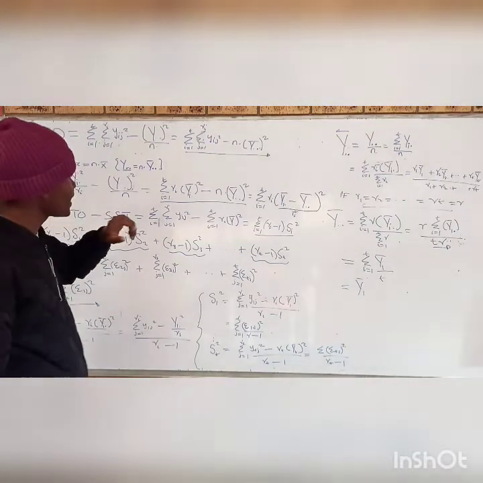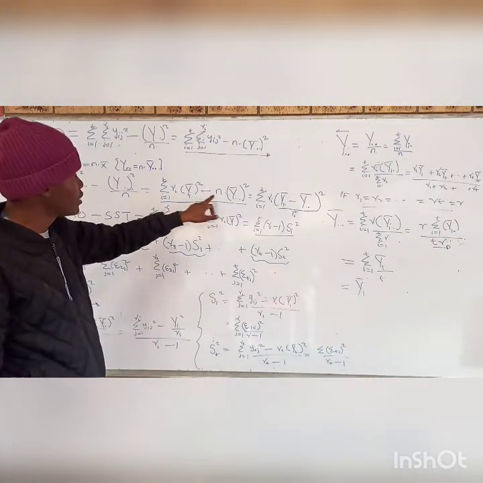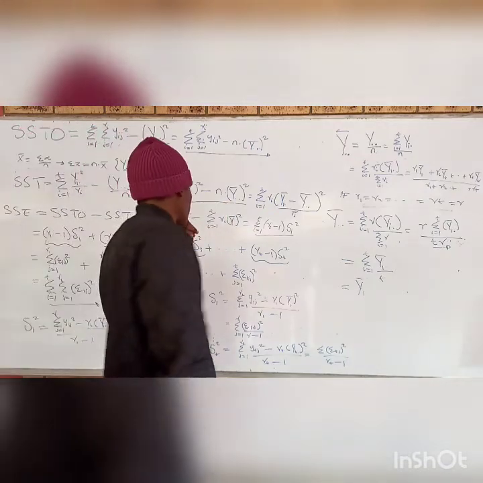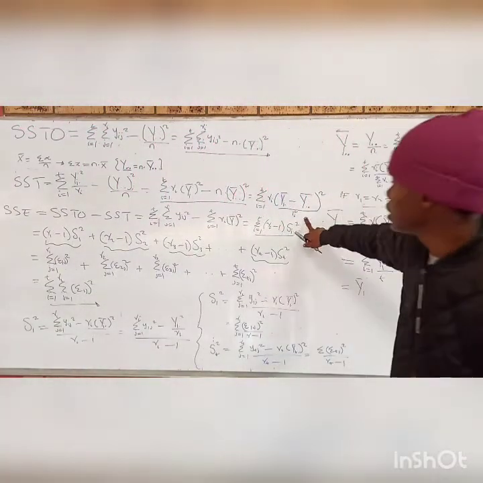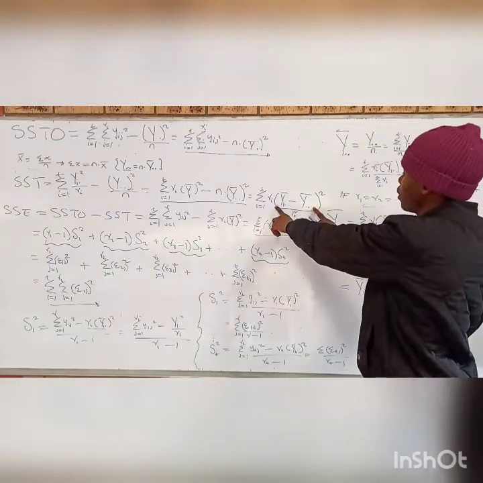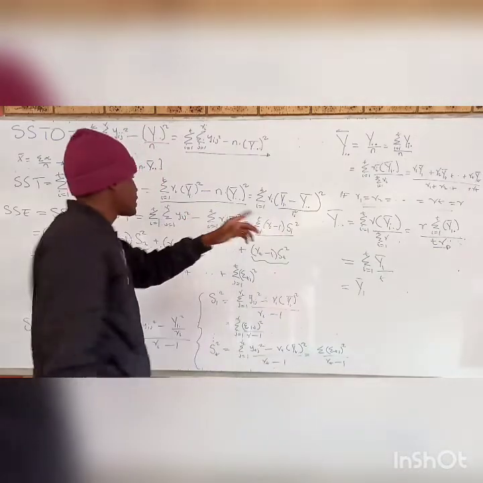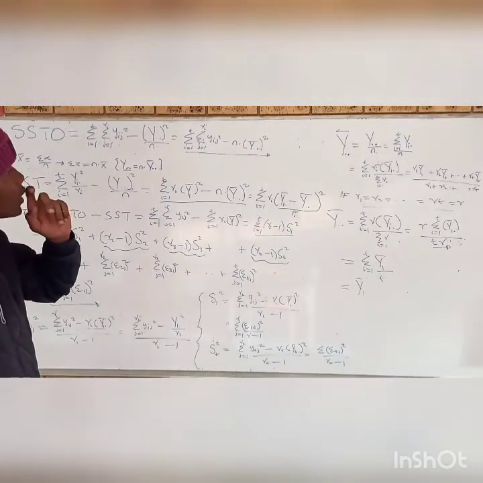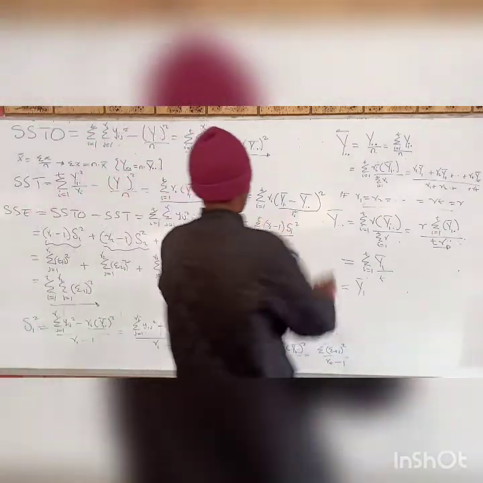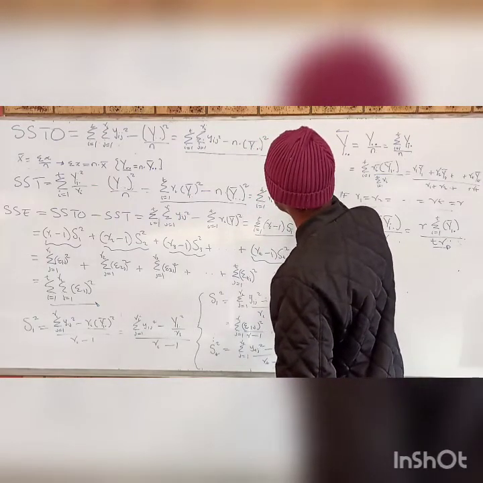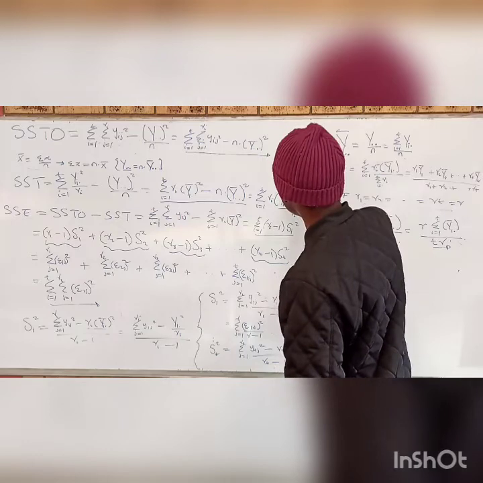Proceeding further, you can see how this formula is equivalent to this, where this part here we call ti hat, the estimated ti for the treatment. And don't forget the summation of the ti is equal to 0.